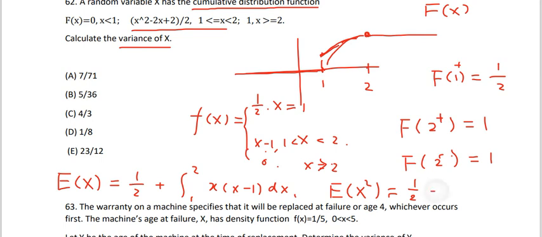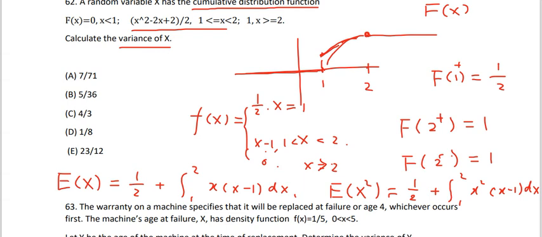Then plus, for x between 1 and 2, x squared times the function x minus 1 dx.